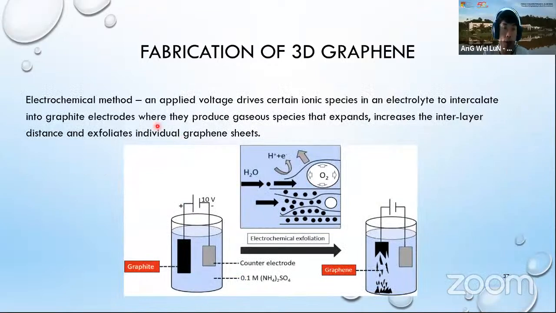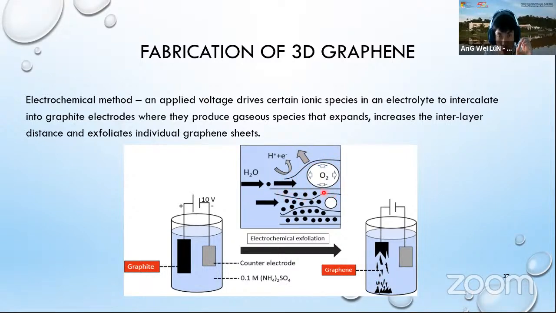The electrochemical method is another approach. Apply voltage to drive certain ionic species in an electrolyte. This is the graphite. We use the electrochemical concept to create gas bubbles in this electrode cell, and this gas bubble will grow, and when the bubbles grow larger, they peel off the graphite into separate layers.